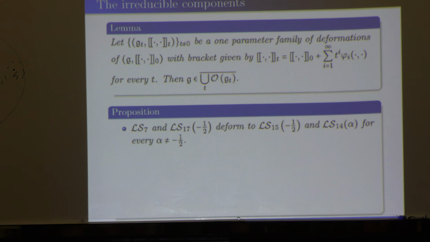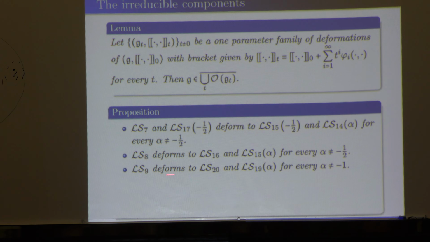We proved that number 7 and number 17 deform to this Lie superalgebra and this family of Lie superalgebras for almost every alpha. That 8, which was one of the top, deforms to 16 and 15 alpha, for almost every alpha. That 9 deforms to 20 and 19 alpha.